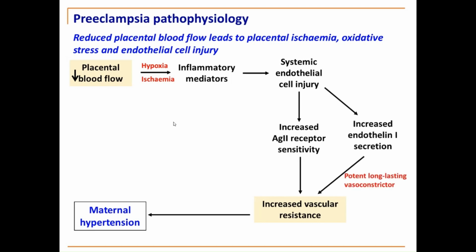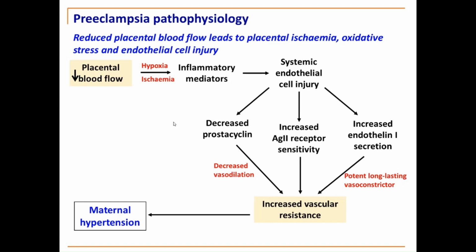The systemic endothelial cell injury also leads to increased endothelin-1 secretion. Now that is a potent, long-lasting vasoconstrictor. So because we've damaged the endothelial cells, we get more endothelin-1 and we get more vasoconstriction, which means greater total peripheral resistance and therefore maternal hypertension. And finally, we get a decrease in the levels of prostacyclin.